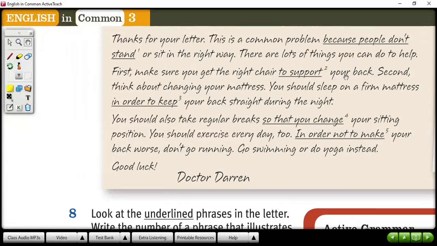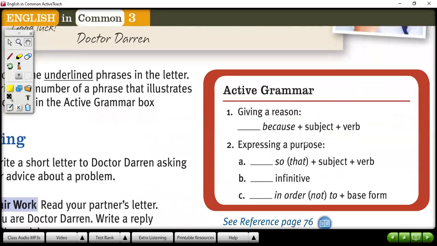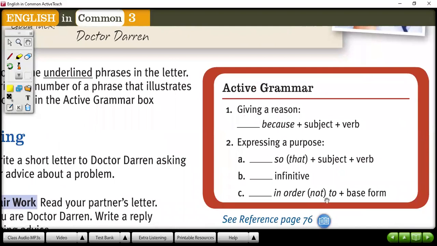So why are you looking for the right chair? To support your back. That is the purpose. The other one we have is in order to, or in order not to, expressing purpose as well.